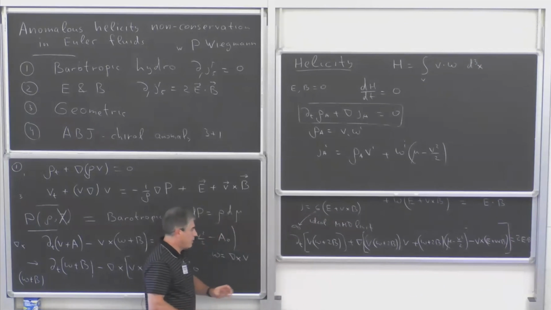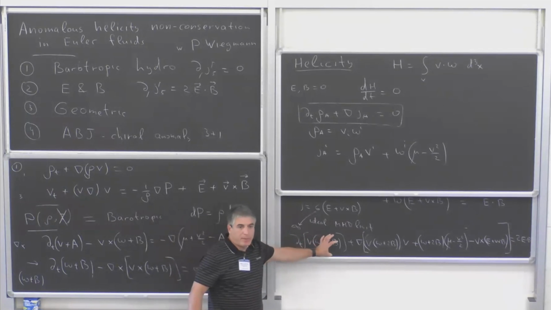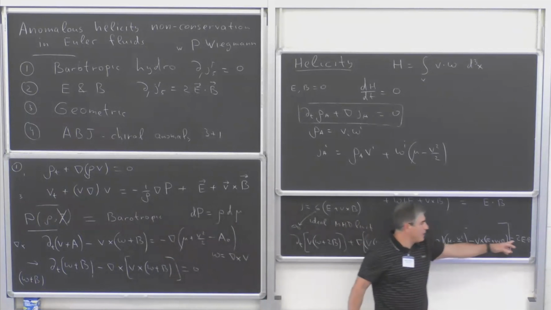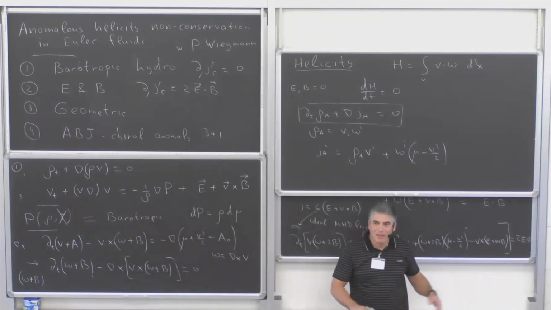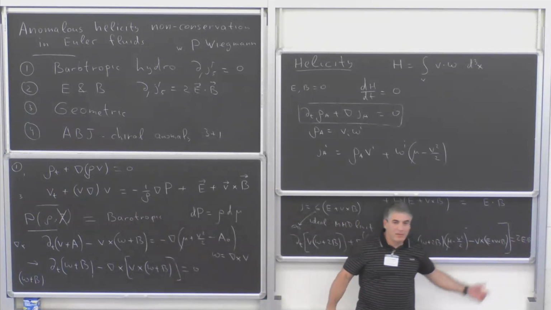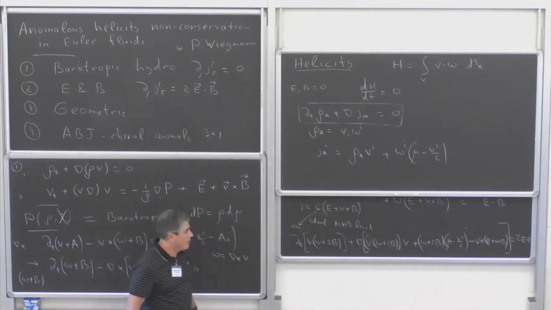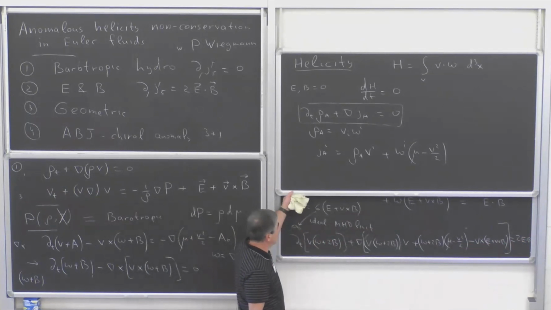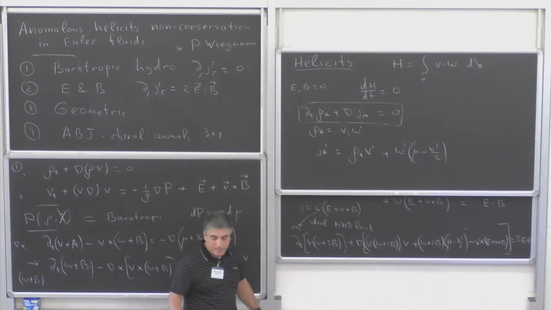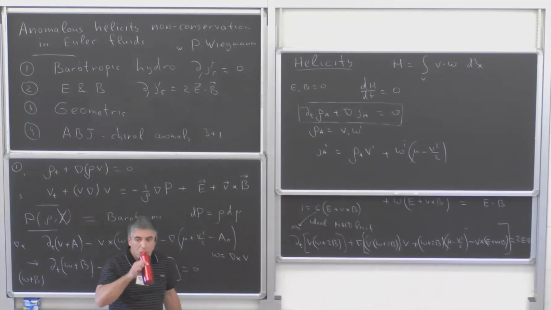So this combined quantity practically almost conserves, except that if E and B have parallel components, then it is not. But then it reminds a lot of the equation for the axial anomaly. And this is the main subject of my talk. Any questions?